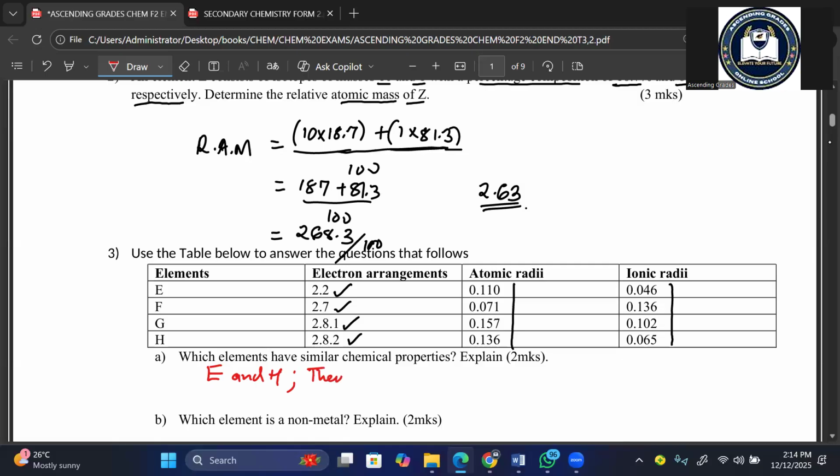They belong to group 2. And in group 2, we call them alkaline earth metals. So E and H are in group 2, so they will be sharing some chemical properties.